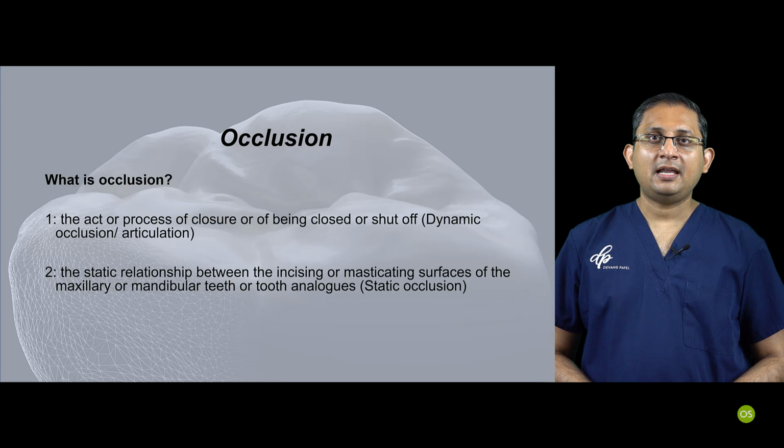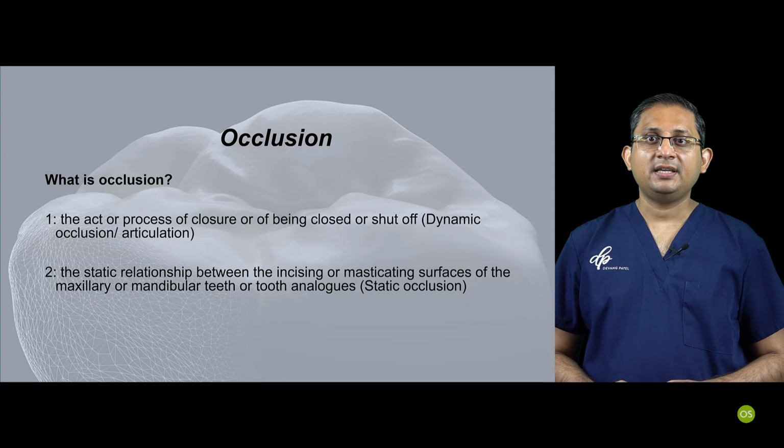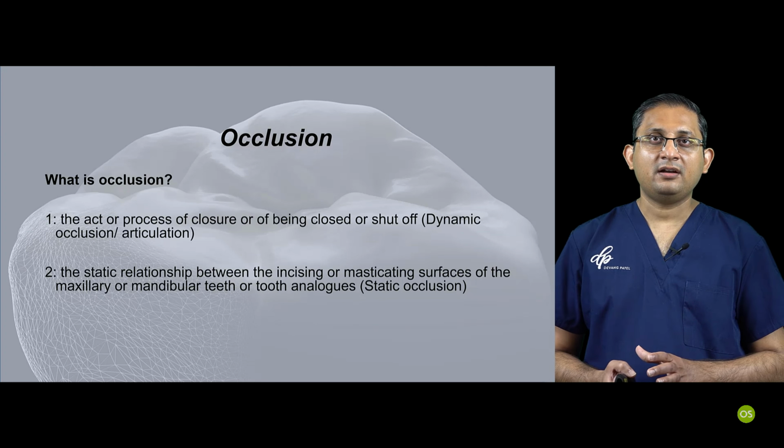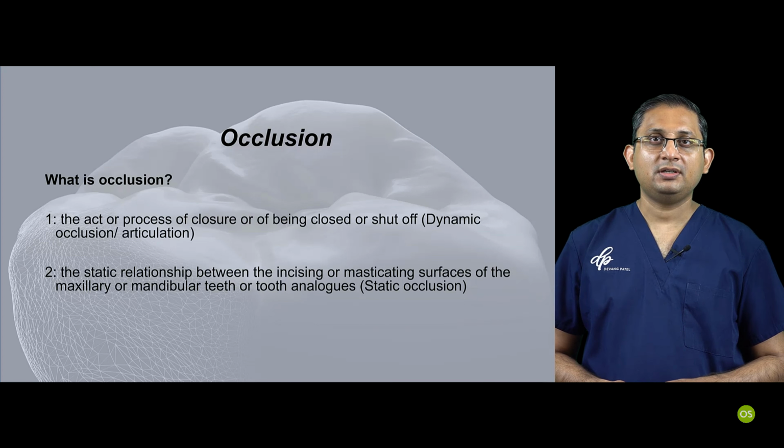The other element is called static occlusion, and that's a relationship between incising or masticating surfaces when they are close together. In real terms, we are not really bothered too much about static occlusion because you hardly function in that exact moment.